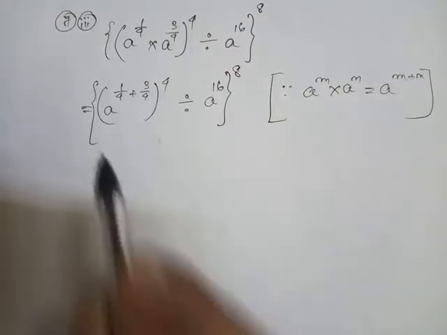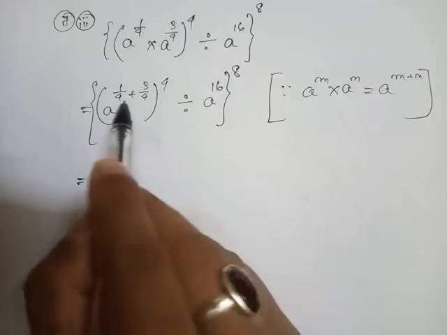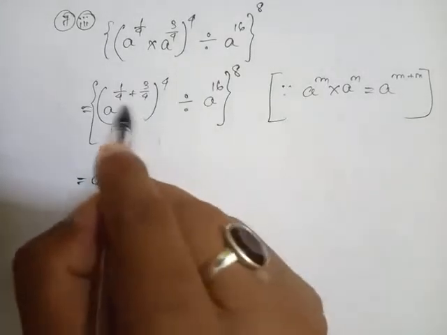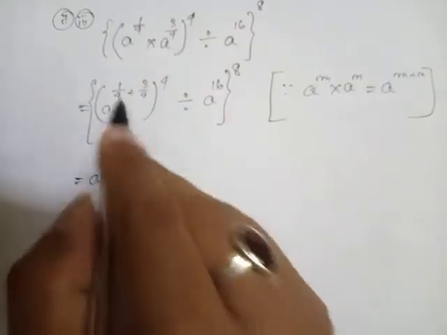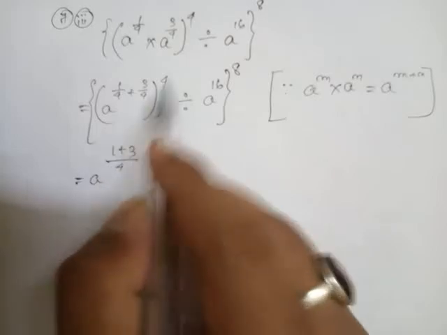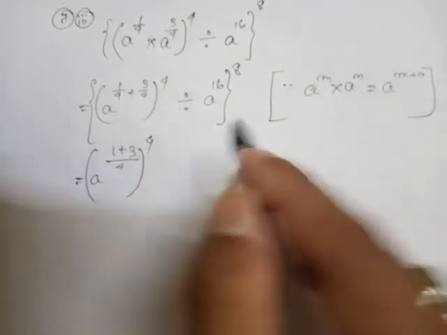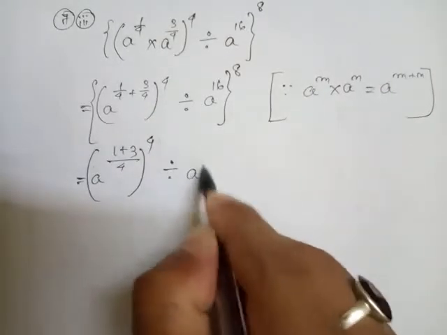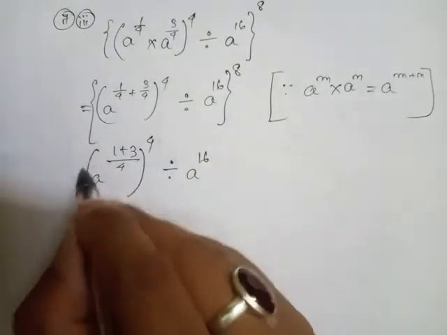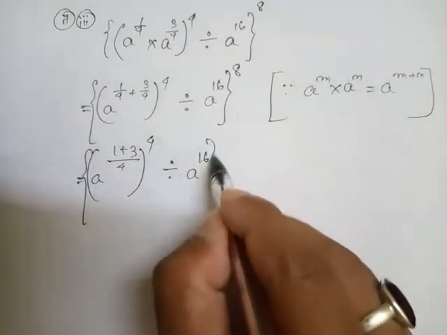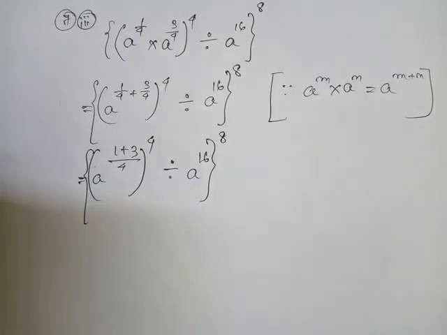Now look, after that, since the base there is an LCM 4, then 1 plus 3 will be here, whole to the power 4 division a to the power 16. Now second bracket whole to the power 8.